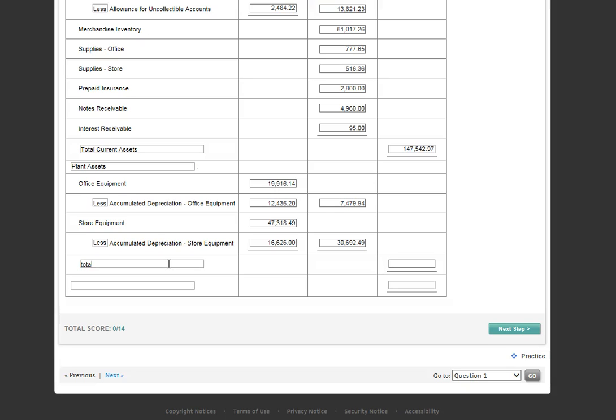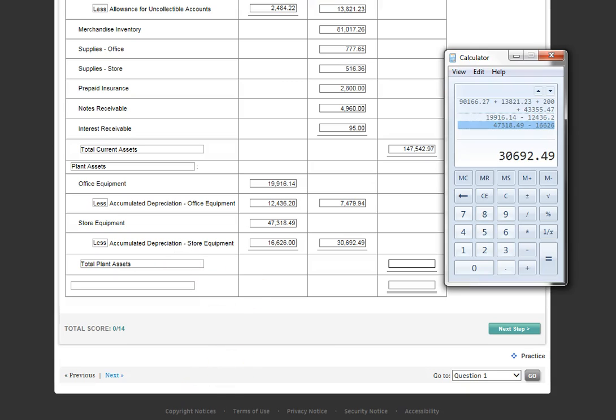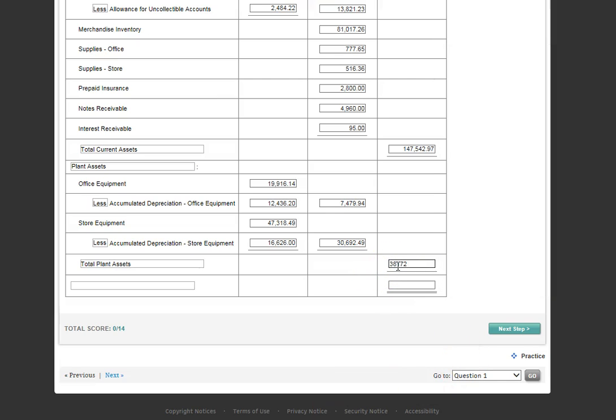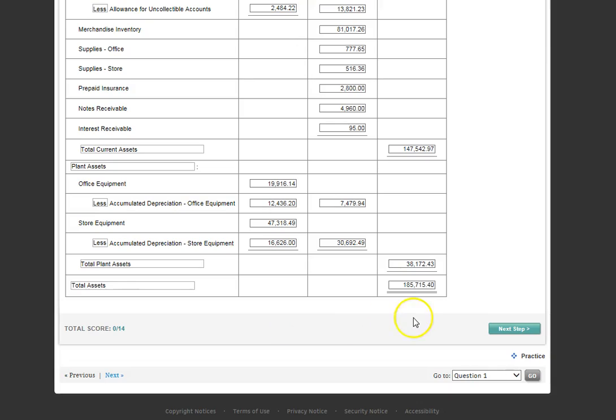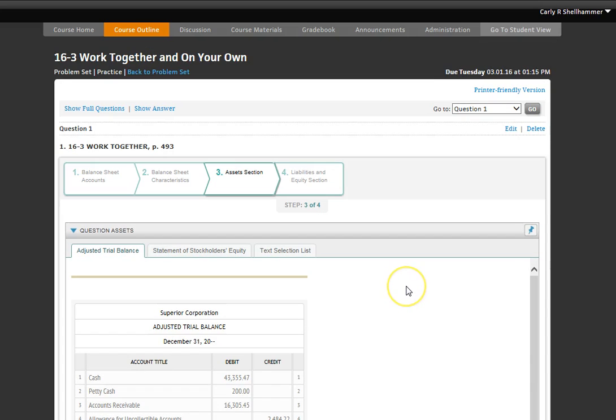Okay, next we have total plant assets, plus 7,479, 38,172. And that gives us our total assets. Double check that math. I should have typed that in. Cool. We are done with the asset page.